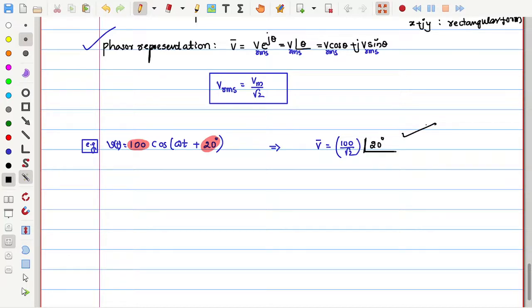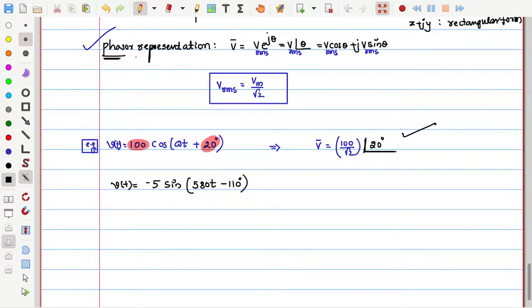Next, let us say V of t is equal to minus 5 sine(580 t minus 110 degrees). Now see that here the function is a sine function. Preferably all phasors must be expressed in terms of the cosine function.